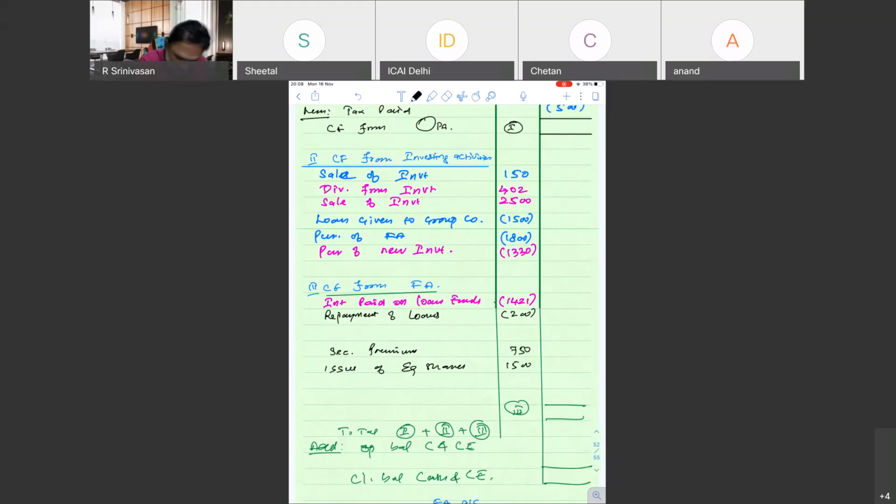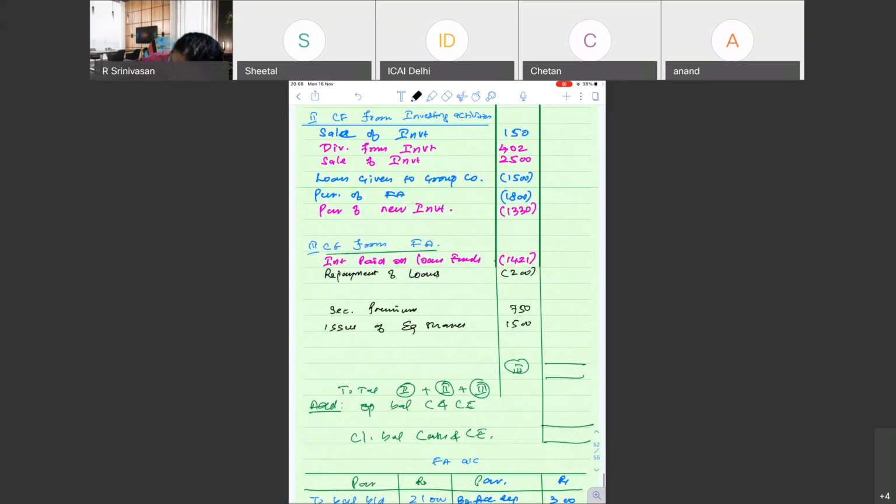Unsecured loan. Okay. Raising of unsecured loan, how much is this? Unsecured loan is 4,000 and 5,350, 1,350. Then total loan funds has come. Sources. Fixed assets I have done.